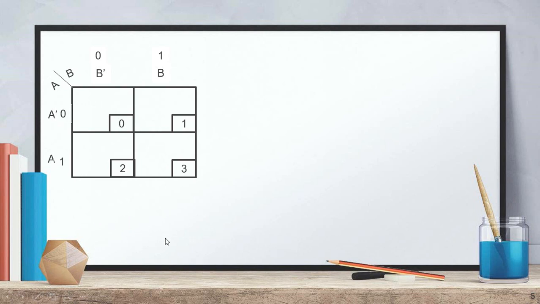In the expression, the first one, A bar is here and B bar is here, so this expression is known as A bar B bar.